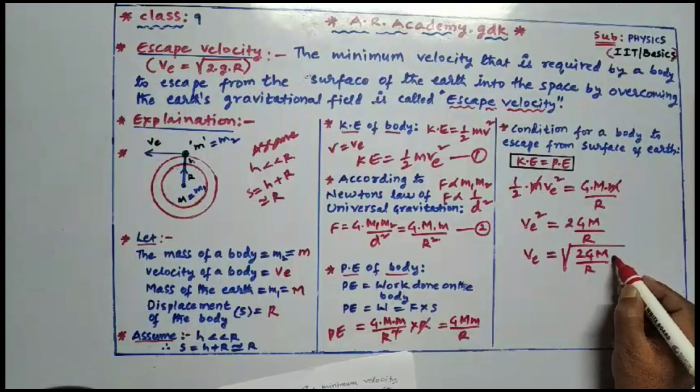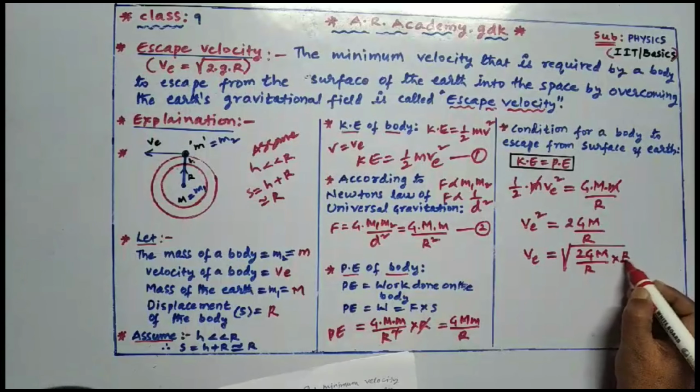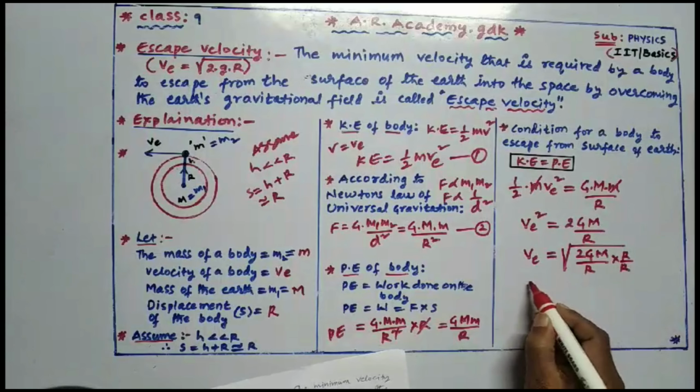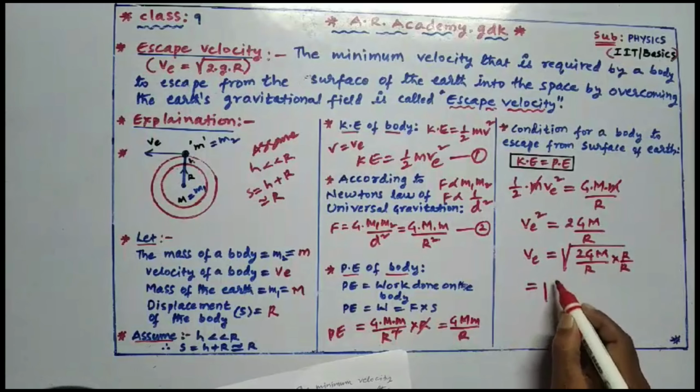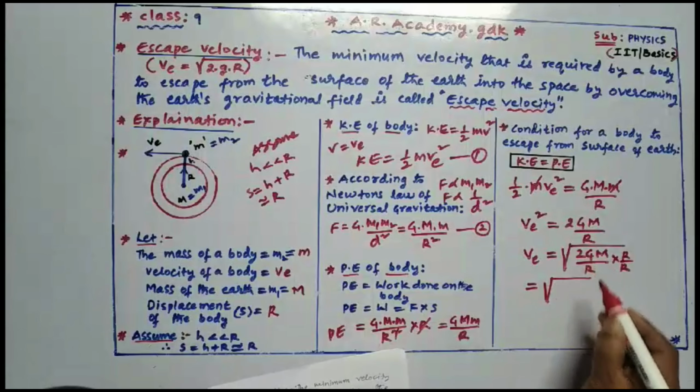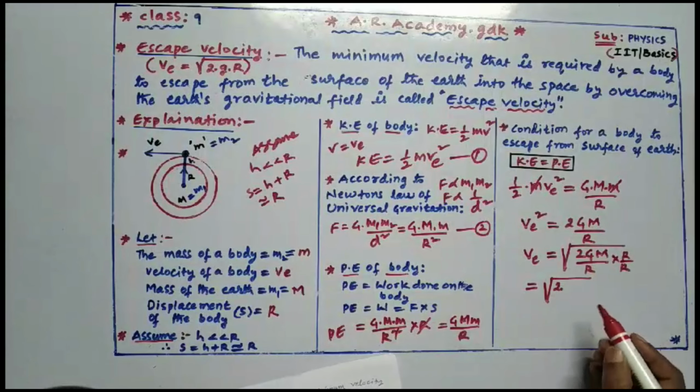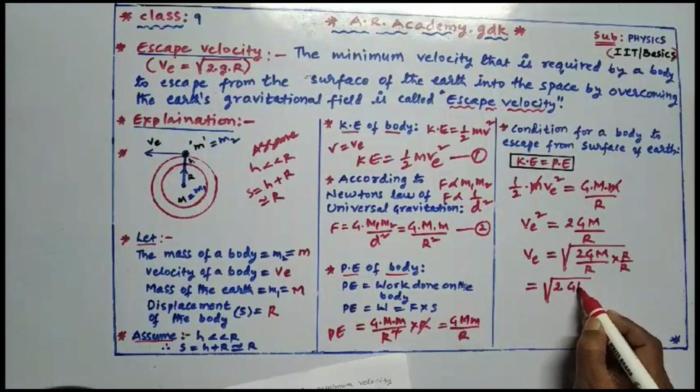Here I am multiplying with R and dividing with R to create something. Observe: 2 into GM into R by R square, that is R into R means R square.